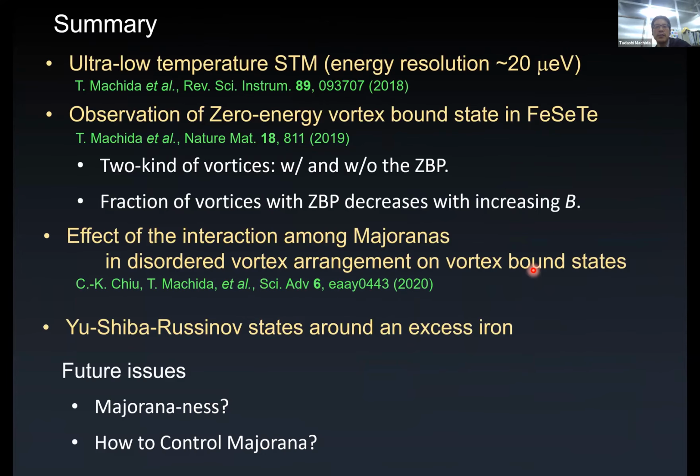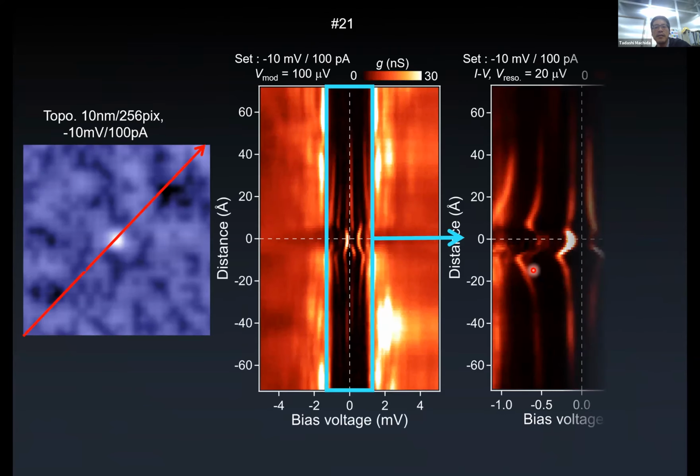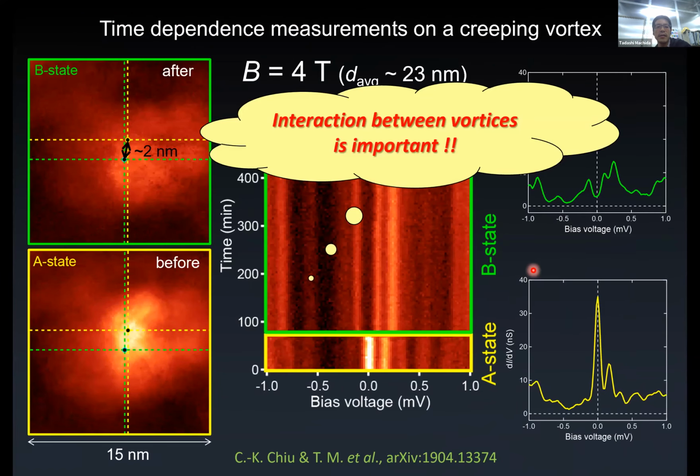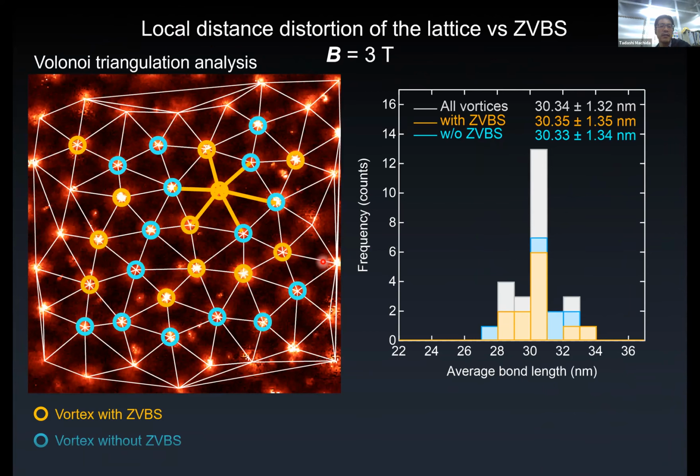Okay, that's a good question. I did such an analysis. Where is my slide? Okay, this one. You see here, this is a Voronoi analysis. The orange one indicates vortices with a zero energy peak.